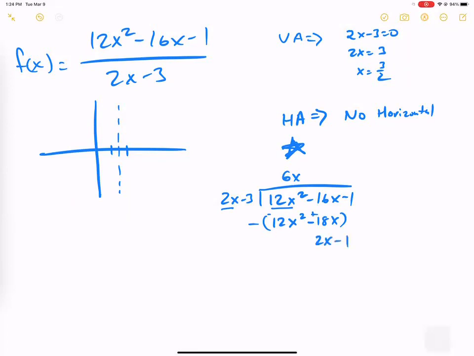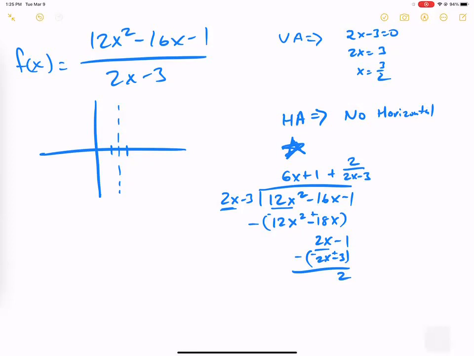How many times does 2x go into 2x? Exactly once, plus 1. And we multiply by 2x minus 3. Negative, negative, positive. That becomes a plus 2. We have a remainder of 2 over 2x minus 3.